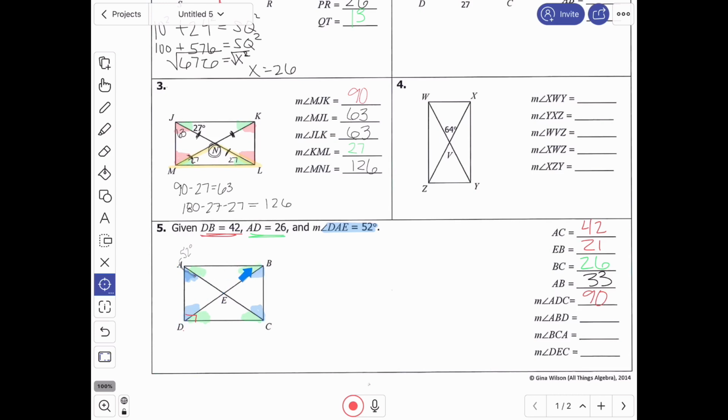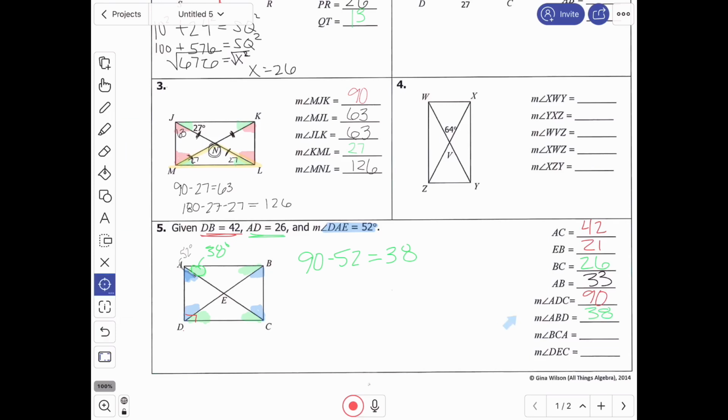I don't know what those green angles are yet, but this blue angle plus this green angle should equal 90. So I'm going to take 90 minus 52, and that's going to give me whatever this guy is, which would be 38. And so I know this angle is 38, and then all those other green angles are also going to be 38.